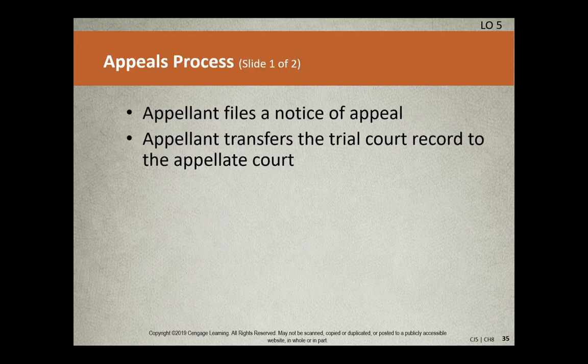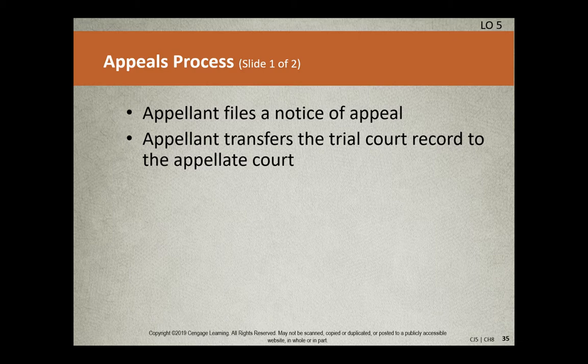Of course, there's many steps in the appeal process. There's two basic reasons. The first is to correct an error made from the initial trial, and the second is to review policy. The method of filing appeal differs among the states, but the defendant has to file a notice of appeal, which is just a statement outlining the basis of the appeal.